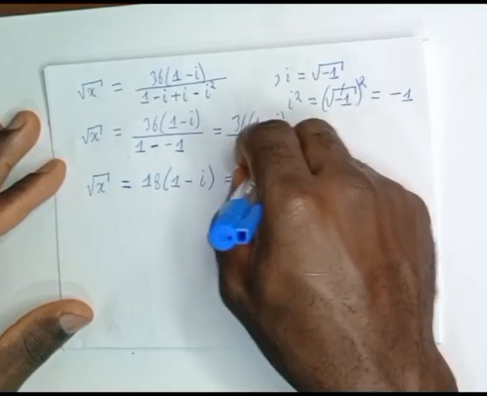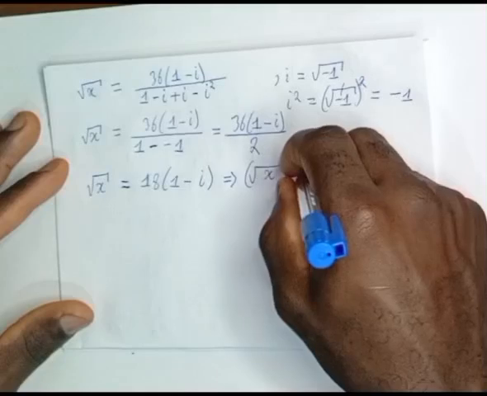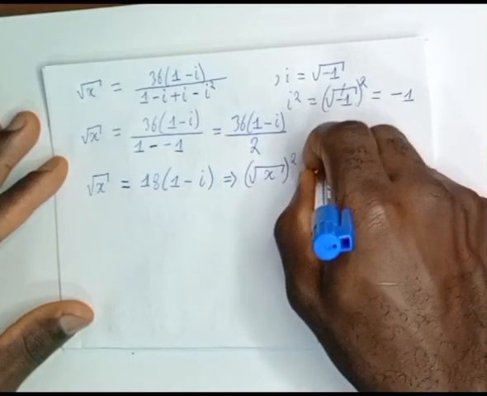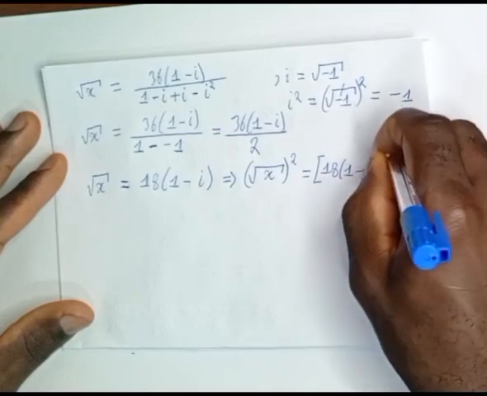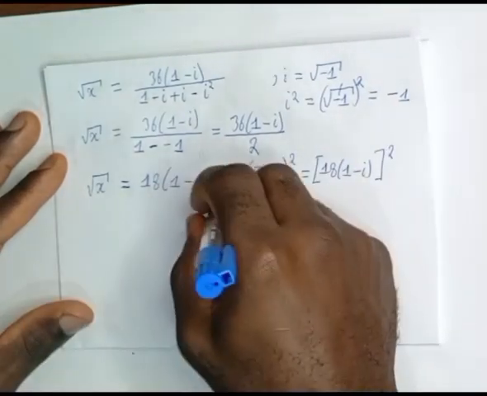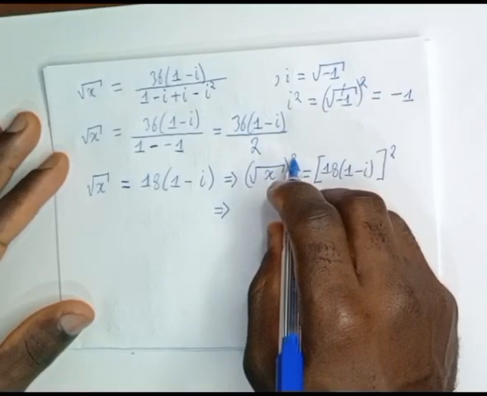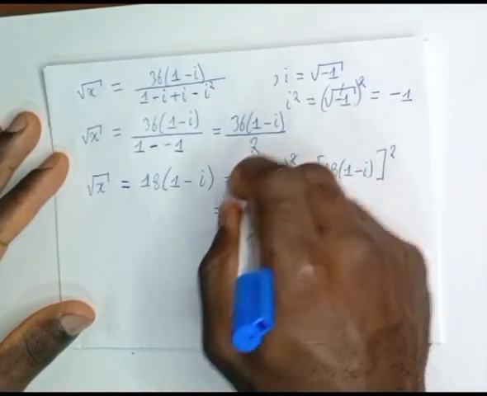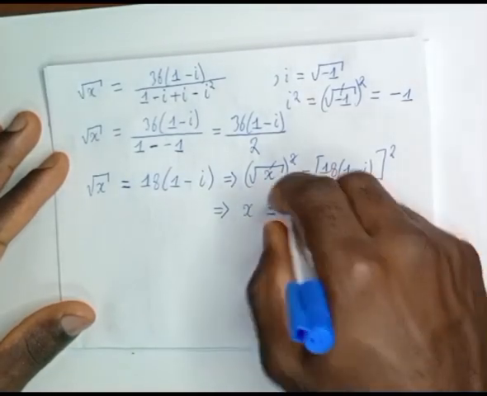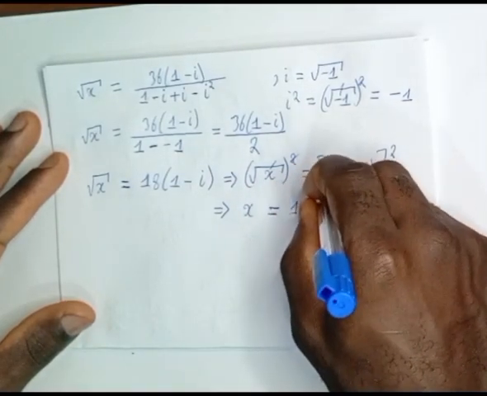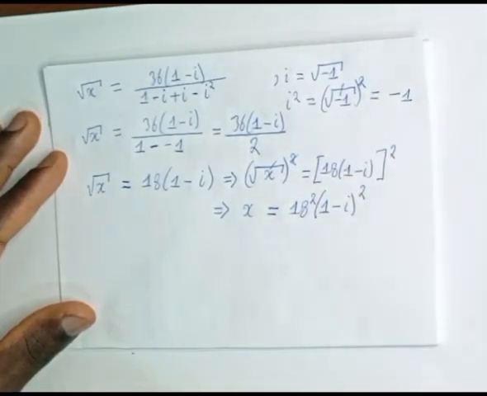Then the square root of x, all this squared, is simply equal to 18 times 1 minus i, all this squared. This will imply that the square root of x squared, this and this strikes off, we'll be left with x is equal to, we can break this as 18 squared times 1 minus i squared.